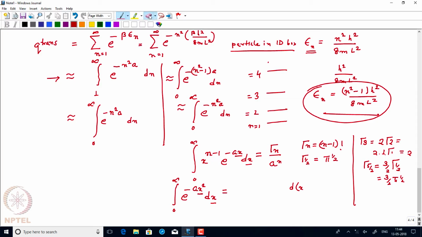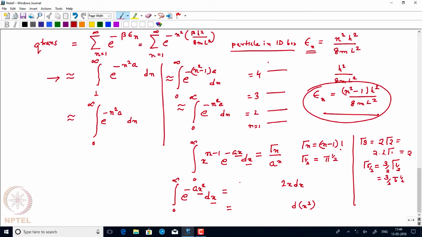Maybe I can use one more step so that you understand more clearly. My final goal is to write it as d of x square. Now, d of x square is what? It is 2x dx. If I write it like this, 2x dx, then in the next line I write d of x square, but this is an extra 2x dx.